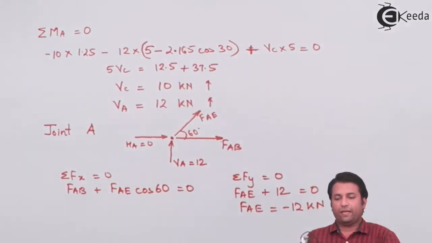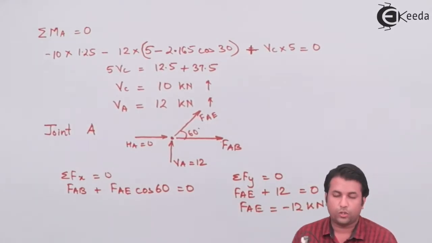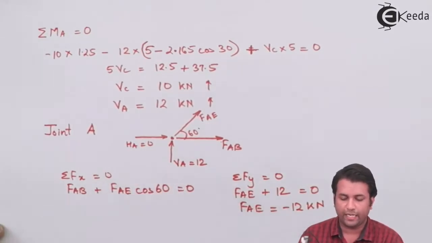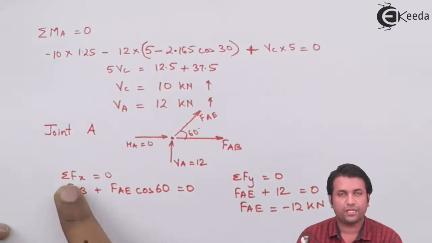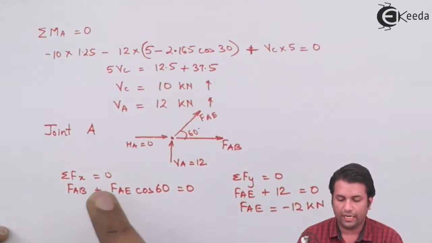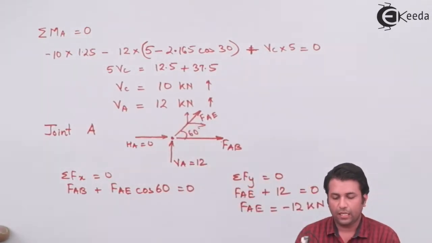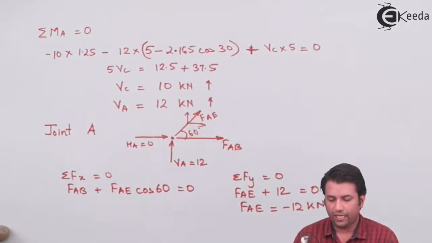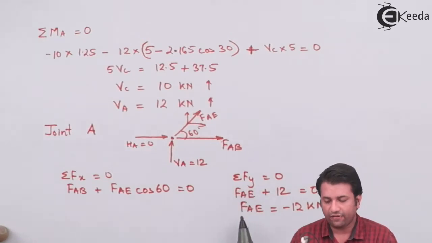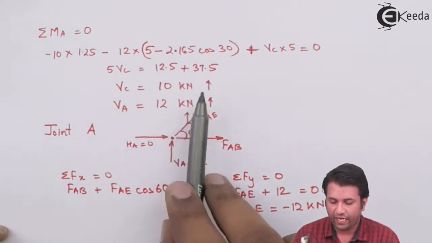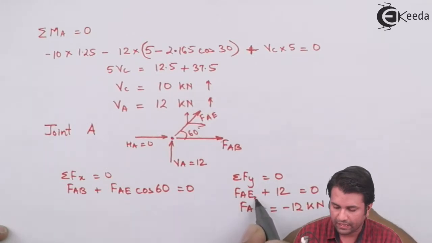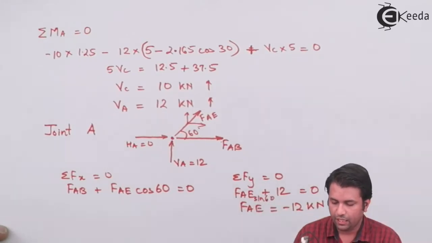Now you can see that if I apply the conditions of equilibrium at joint A, summation Fx equal to 0. So I can resolve this force, AE force, in this direction, and I can write the equation for that. And then in the y direction, it will be FAE sine 60.